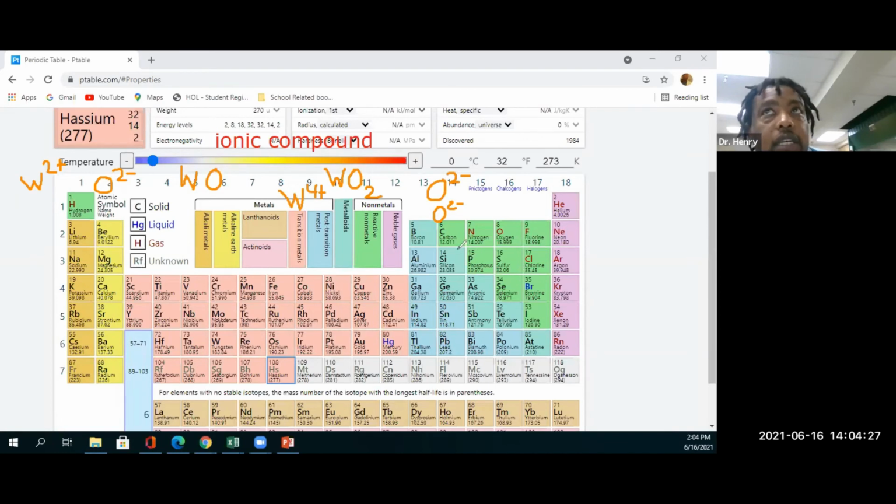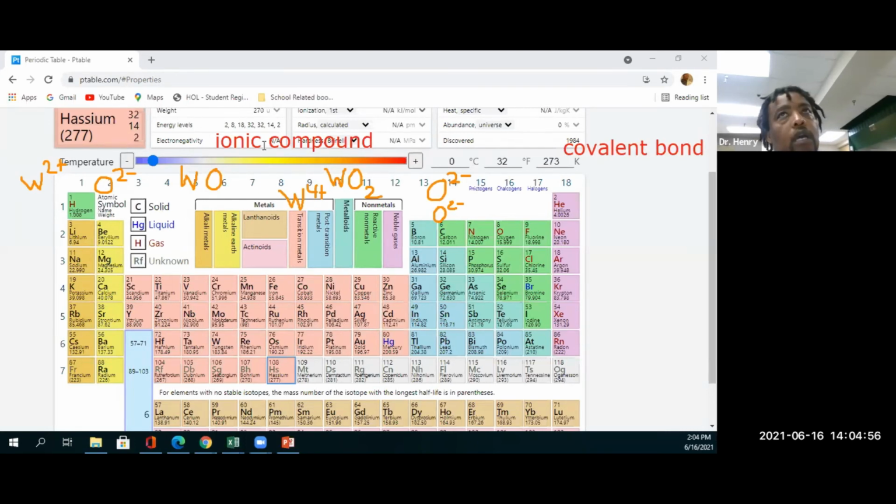So these non-metals are going to be sharing electrons, and sharing electrons forms what we call a covalent bond. You guys with me so far? Yeah. Okay, so we have ionic and covalent. Covalent is sharing, ionic is taking and giving.